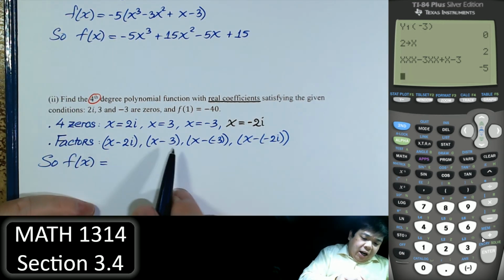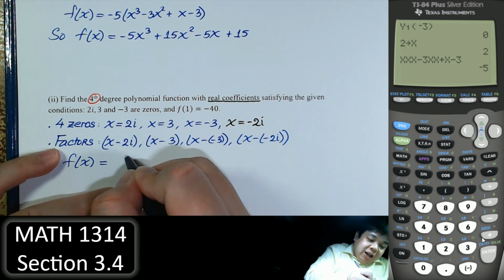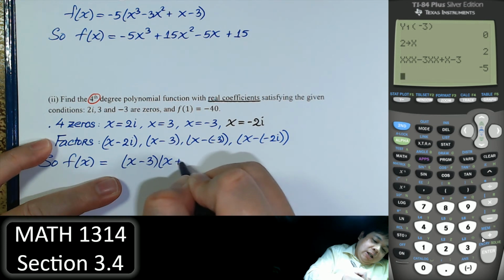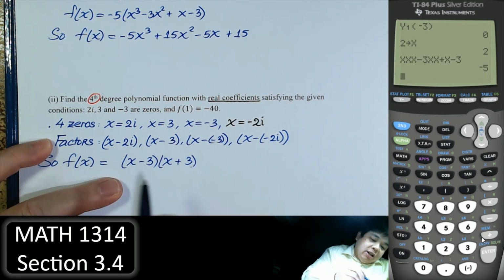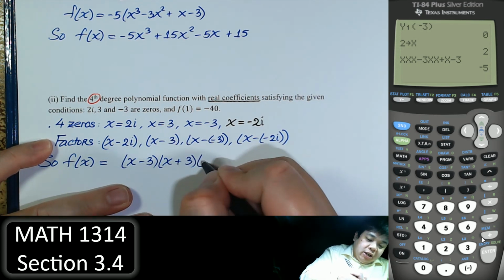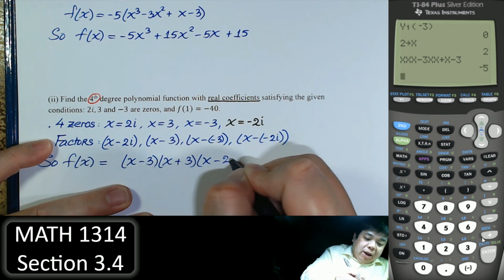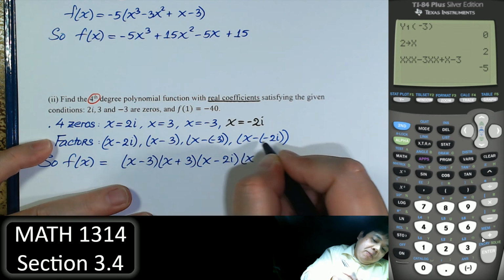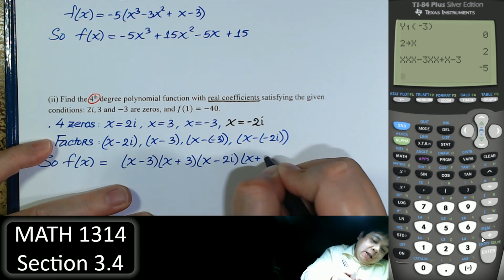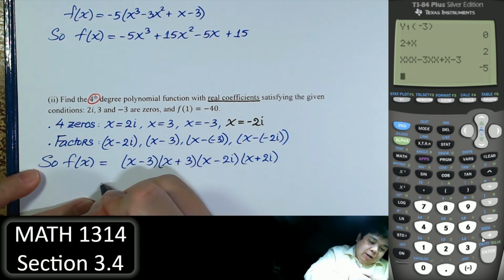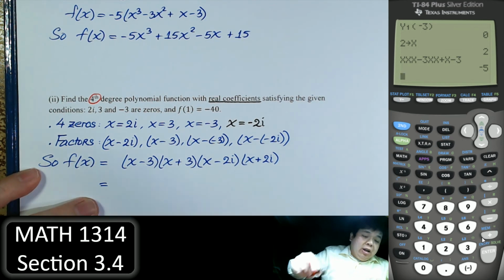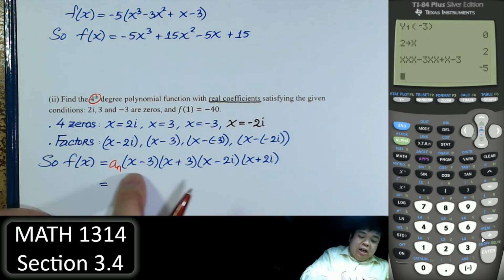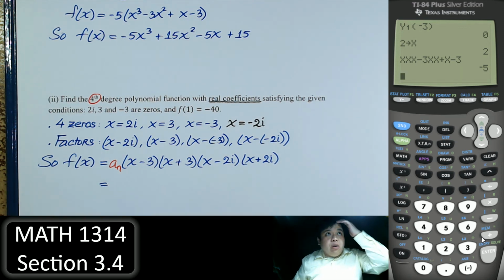Let's put the real solutions together, x minus 3 and x plus 3, and the imaginary solutions together, because when we multiply them out, we always multiply the parts that have the imaginary first. And there will be a leading coefficient here, as long as it's not equal to 0. It does not affect the zeros.